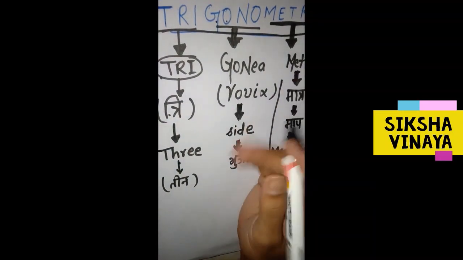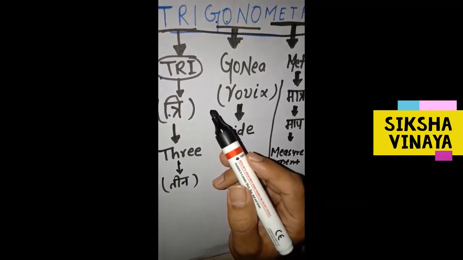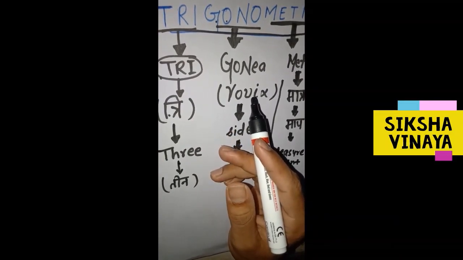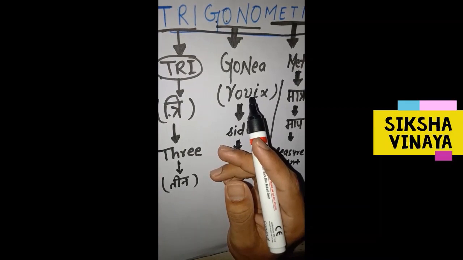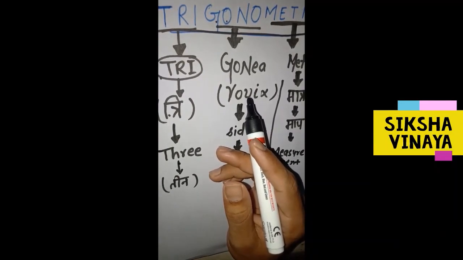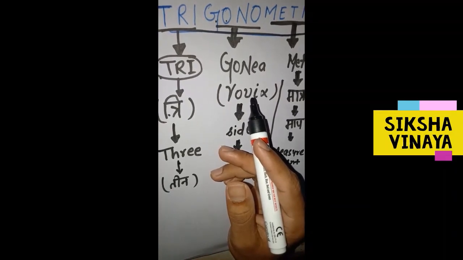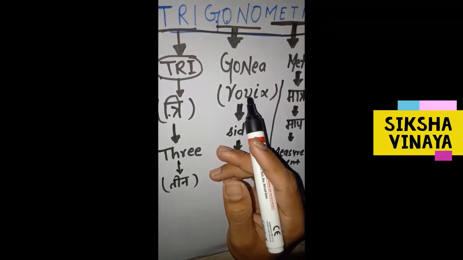So this is the meaning of the word trigonometry. Trigonometry is the branch of mathematics in which we deal with the measurement of sides of triangles, and by the relation of it we express all the mathematical problems with the help of it.